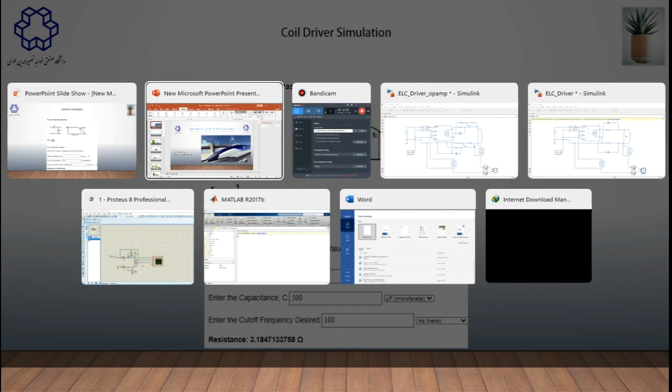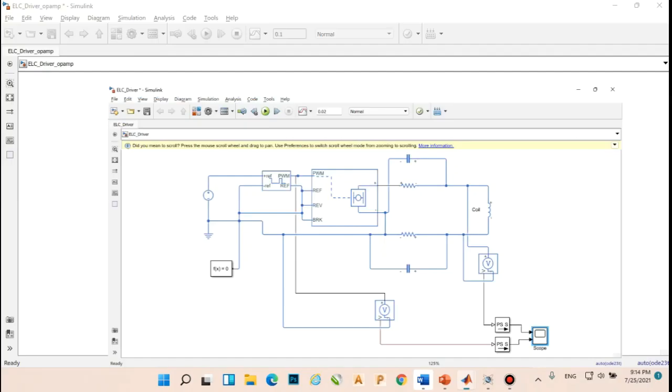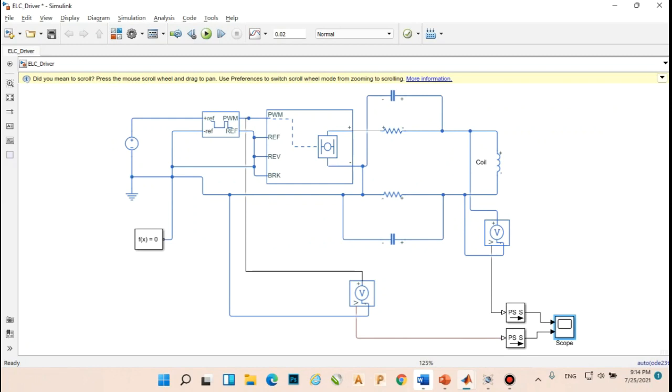I'm going to MATLAB software. I built this project in Simscape MATLAB Simulink. We have a solver to solve this physical simulation.